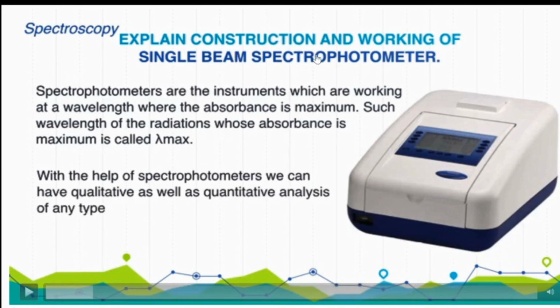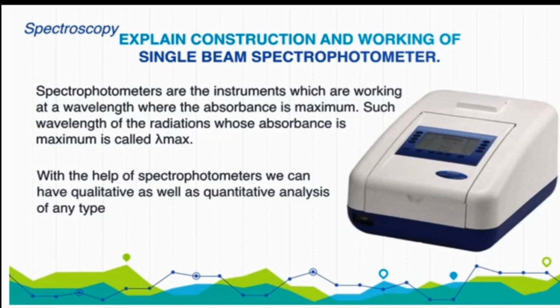Qualitative means we can understand what substance our solution is composed of. And regarding the quantitative, we can understand how much of that particular substance is present in that solution. In two aspects we can understand, quantitative and qualitative.